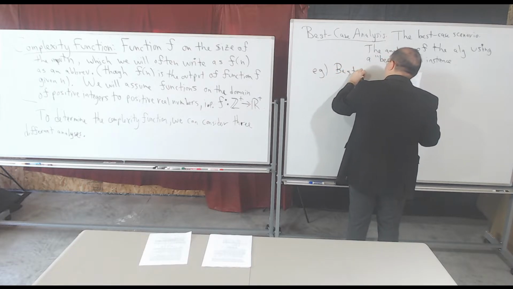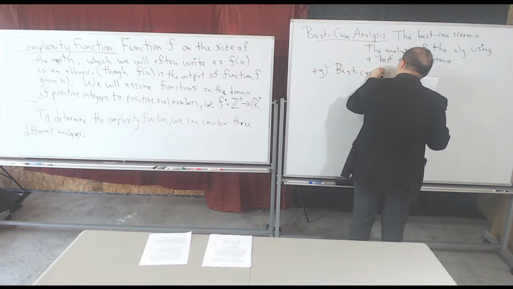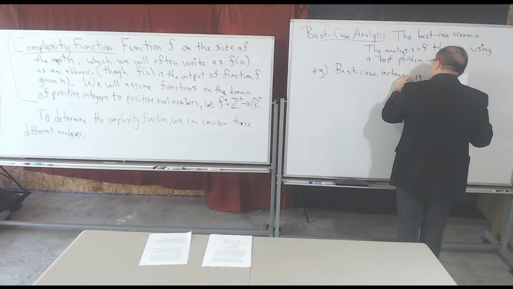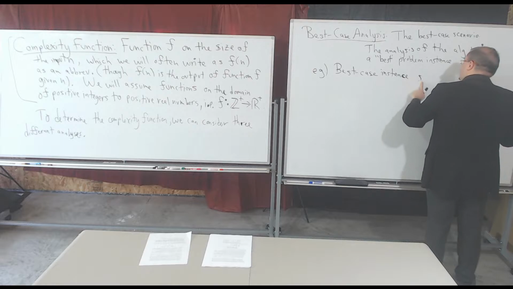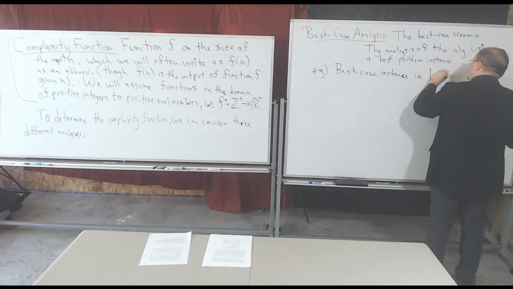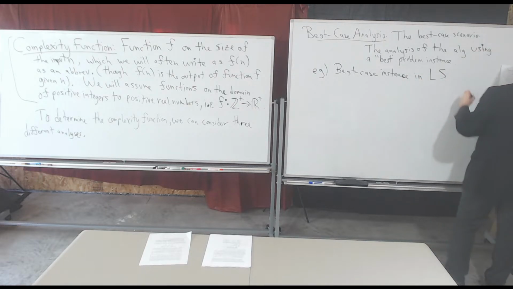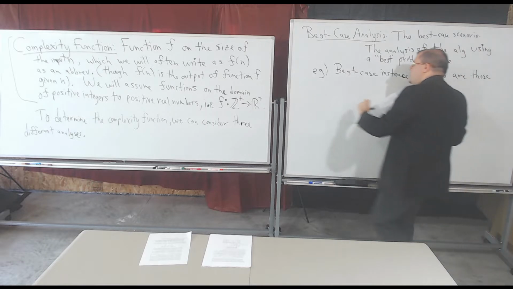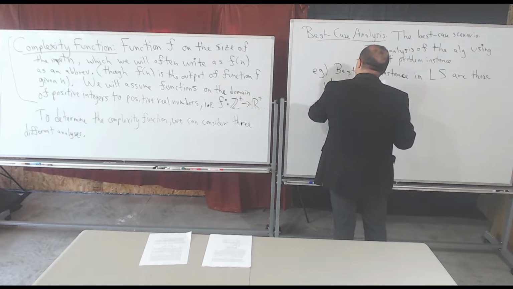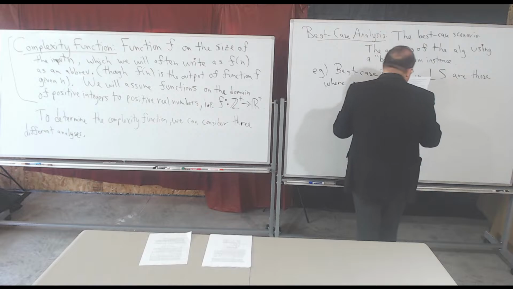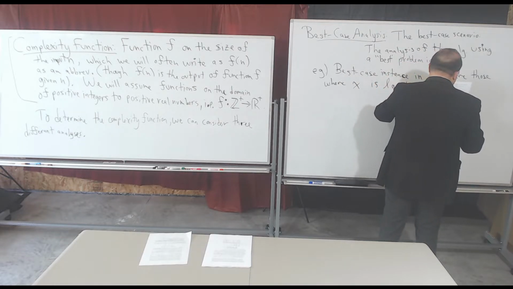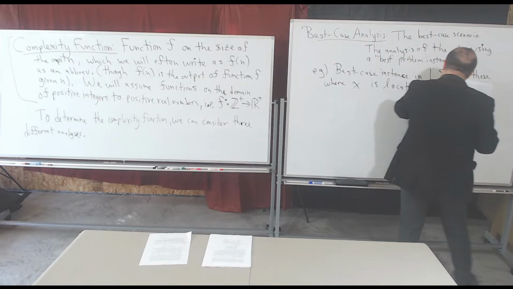A best case instance in linear search, which I'll abbreviate as LS, is one where X, remember X is the key or value we're looking for, is located where? It's located in the first element.